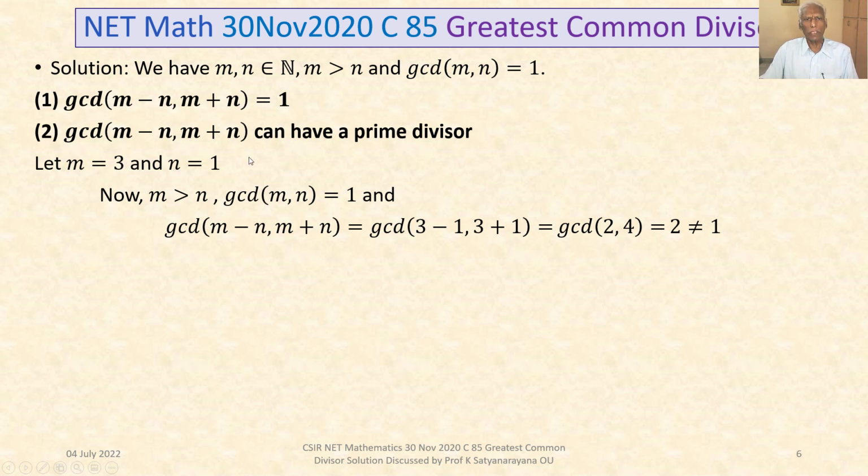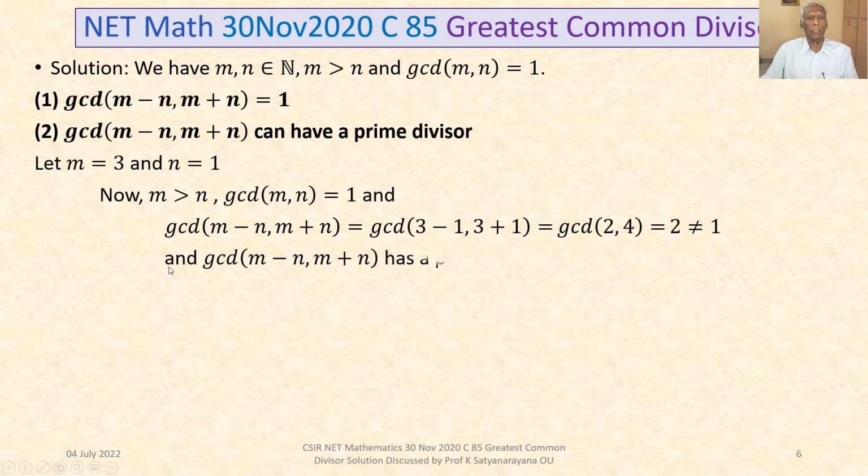And further, it says you have a pair of elements for which this condition is satisfied, for which the GCD of m minus n and m plus n has a prime divisor, namely 2. So the same counter example works for both. So this says this is possible. Can have means it can have for some elements.